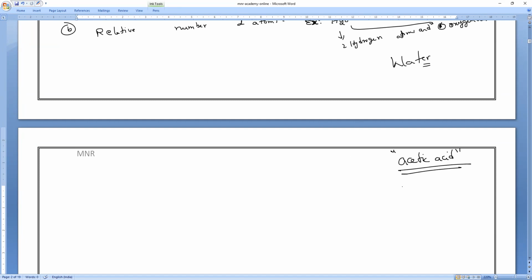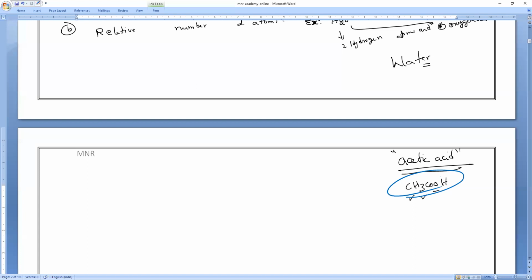But with CH3COOH, you can say totally 3 elements are present: carbon, hydrogen and oxygen. Am I right, guys? That is the advantage of the chemical formula. We can identify the elements present in the given compound and the relative number of different atoms. How many of each is present, that is what it gives us.